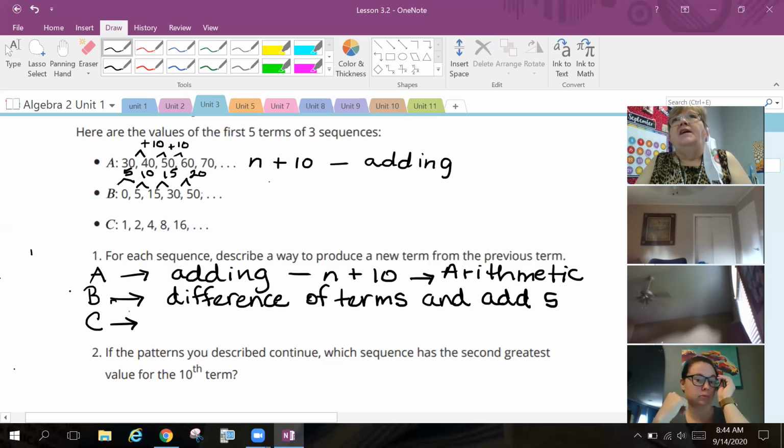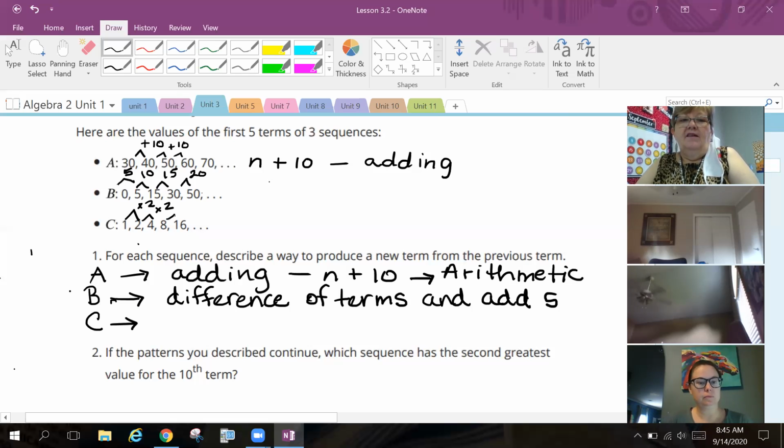Another way they want you to look at it is multiply by 2. So when you say double, you want to think of that in terms of multiplication. They are doubling each number, so double means times 2.